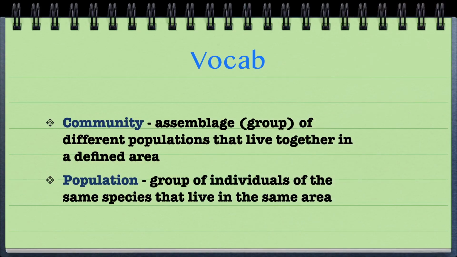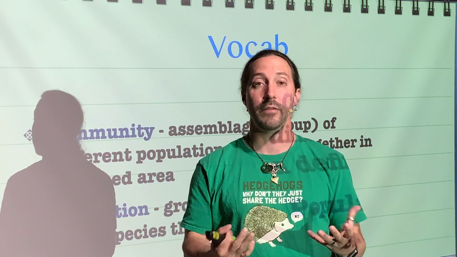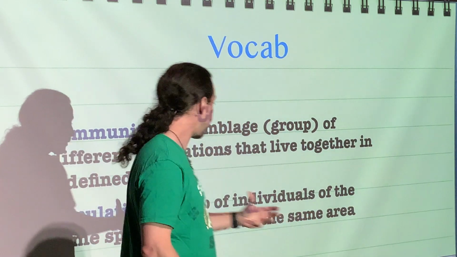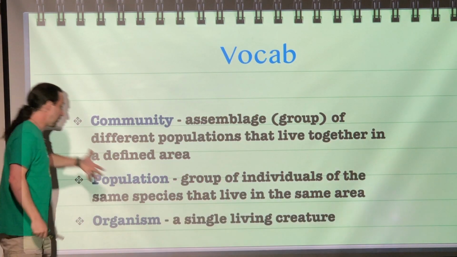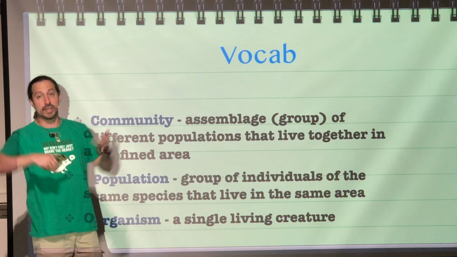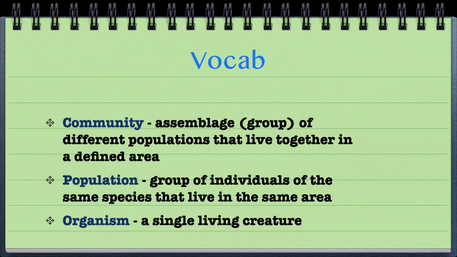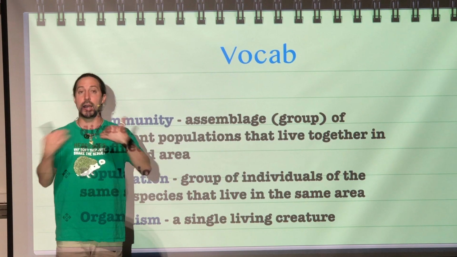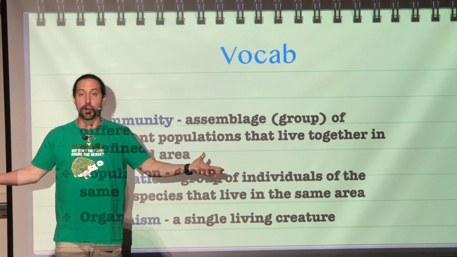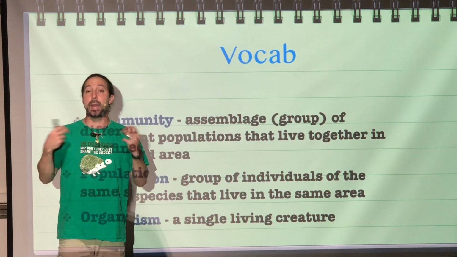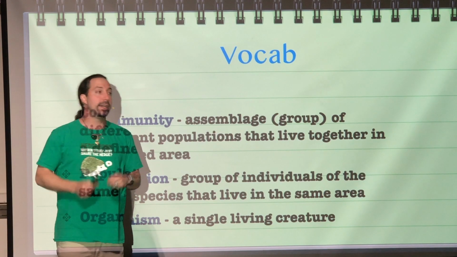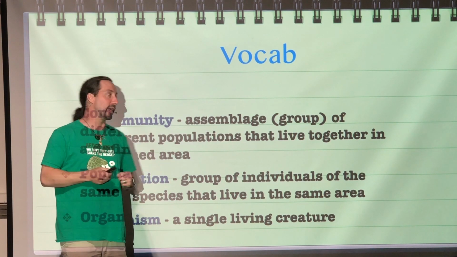A population, that's a group of individuals that are of the same species, living within the same area. And then you have an organism, which happens to be the single creature itself. Whatever that living entity is, that would be your organism. You're an organism, I'm an organism, your dog is an organism if you have one. Right? Your pets are organisms, each one individually being an organism.